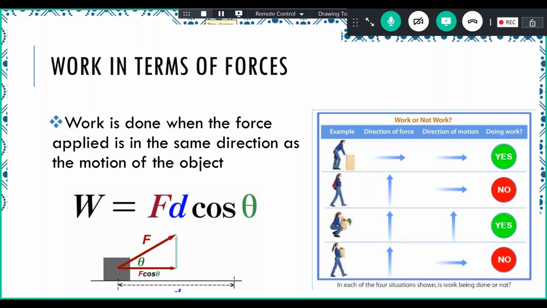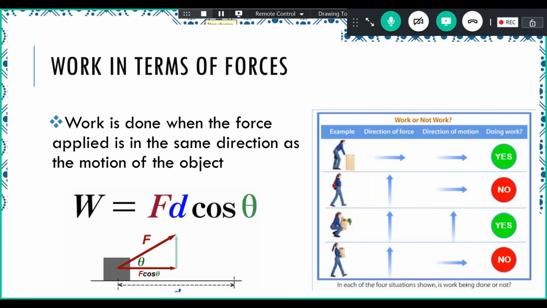So let's take a look quickly at what is work and what is not work in different scenarios, just to know in terms of forces. First example, we have a person pushing a box to the right, and the direction of the motion is also to the right. Because the direction of the force is to the right and the direction of the motion is to the right, we are doing work because they're both in the same direction.